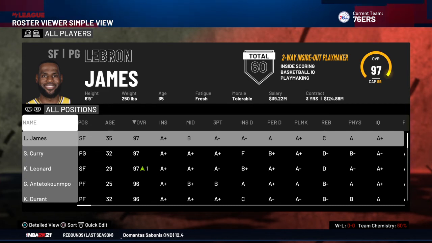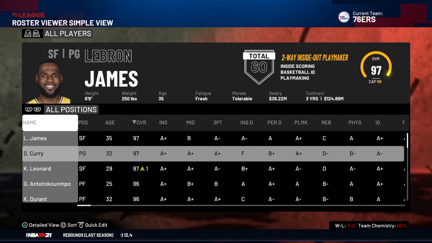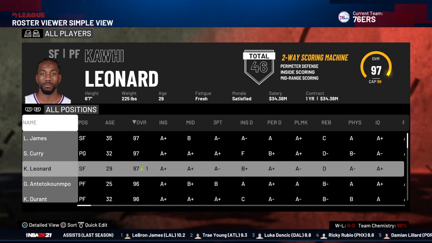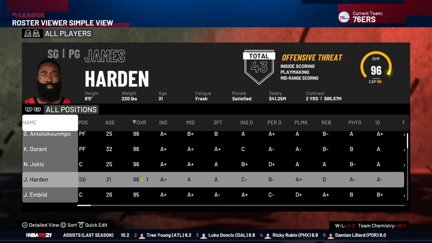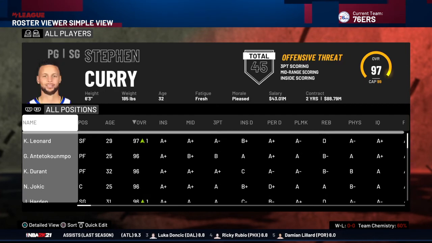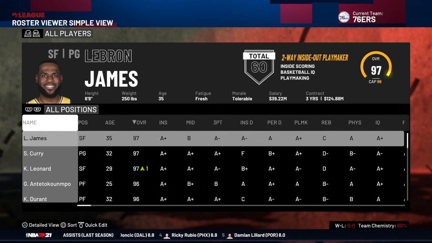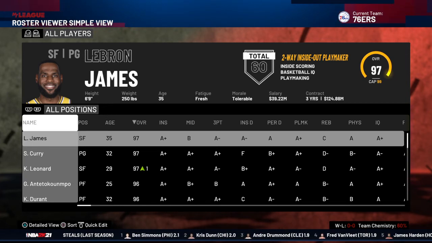And seeing LeBron James with 60, Curry with 45, Kawhi in the 40s, Giannis with 50, Harden, Jokic, KD all with 40, I feel that some of these players' badges can be toned down, seeing that 35, 36 is the limit.